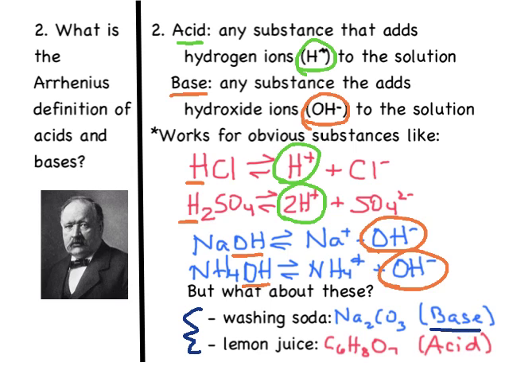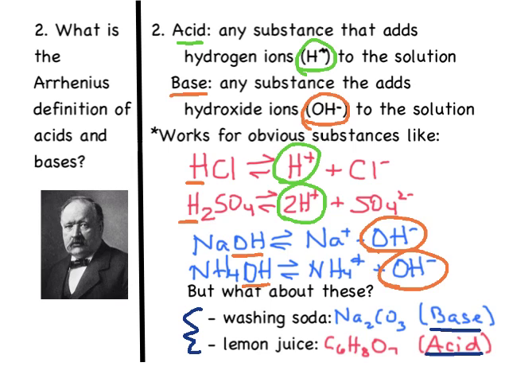So how is that possible? Lemon juice is another example. Its formula is C6H8O7, again with no obvious H-OH combination within its formula. But we know from the indicator that it is an acid. So how do we figure that out?